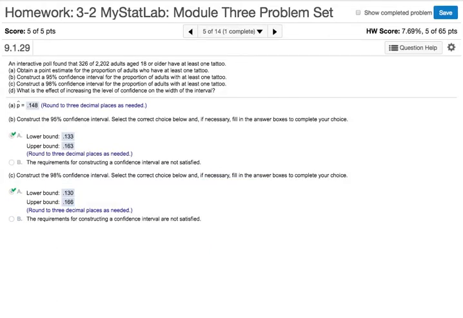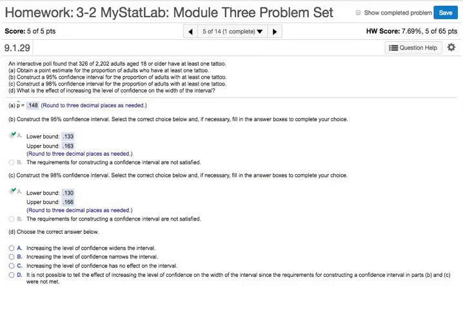And then the next question asks, choose the correct answer below. Increasing the level of confidence widens the interval. So let's take a look. Here, this was the confidence interval, between 0.133 and 0.163.